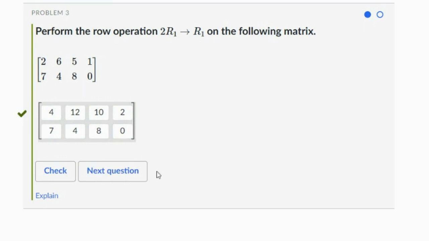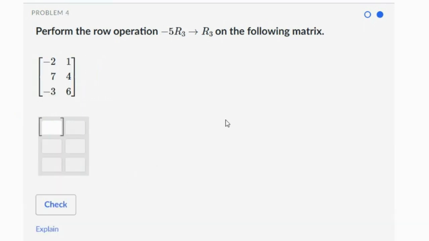All right, great job. Let's try the next question. This one's a little different. We got a 3 by 2. And it says do -5 row 3, so -5 times row 3, and replace row 3 with the new numbers.